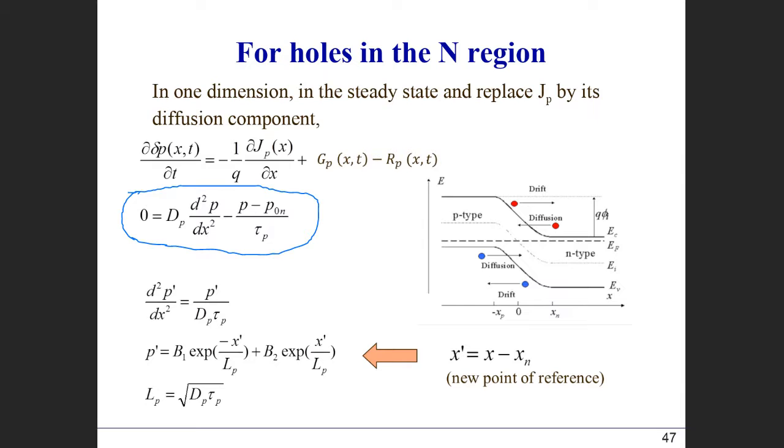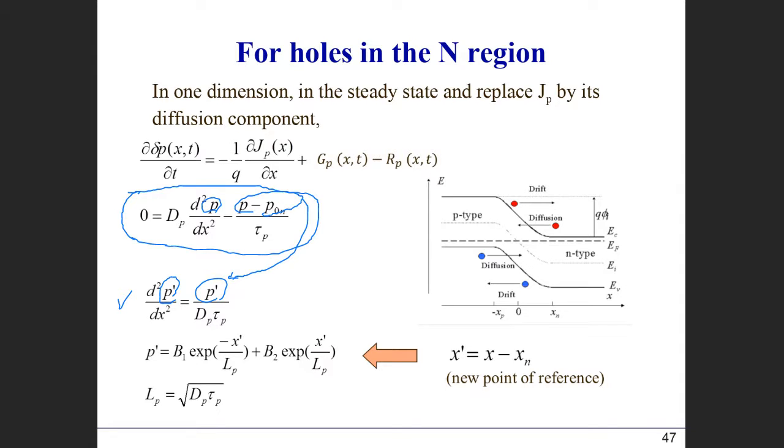In here, as a trick, instead of this excess hole concentration, we can put this as the prime of the p, and this is anyway a derivative, so instead of p, we can just use p minus p_n0. So we can rewrite it with this equation.